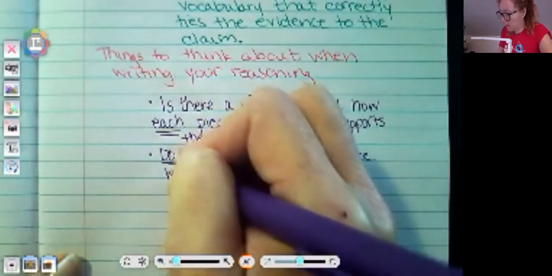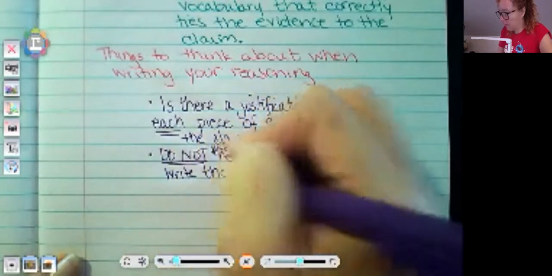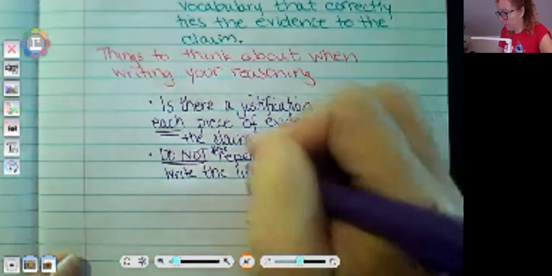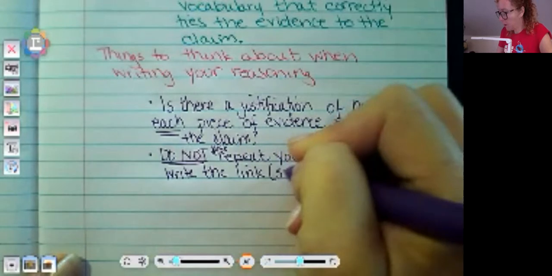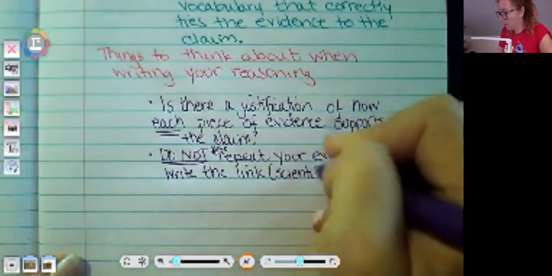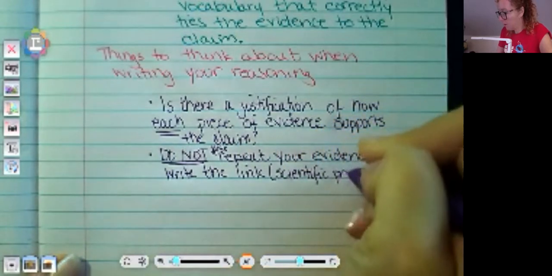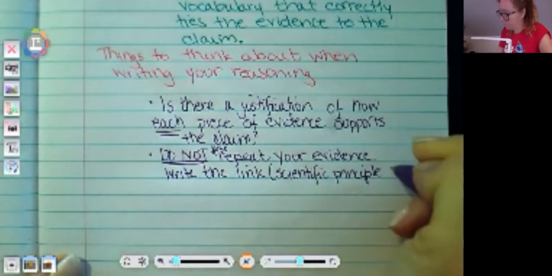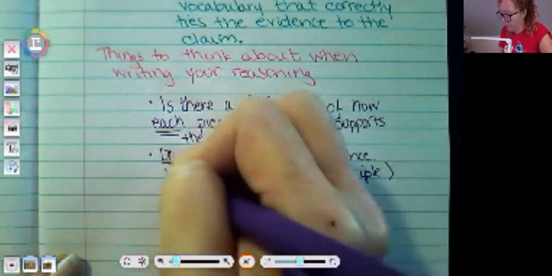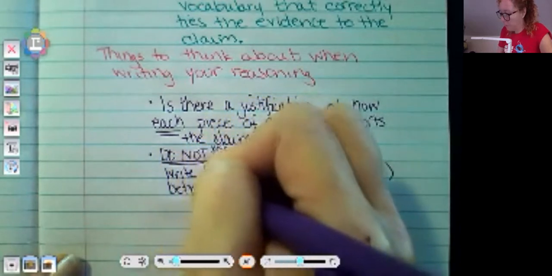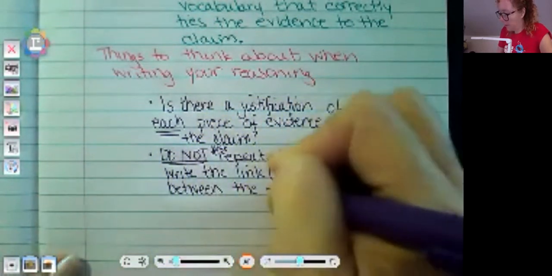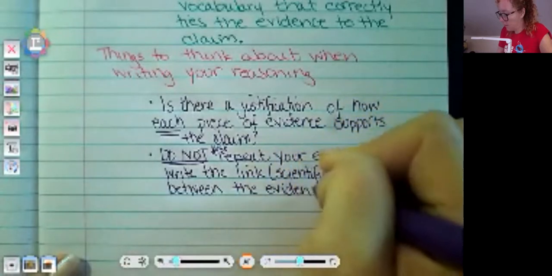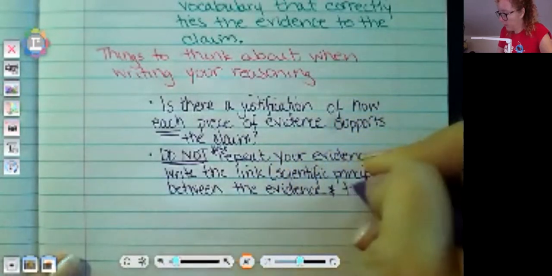Write the link. That would be your scientific principle between the evidence and the claim.